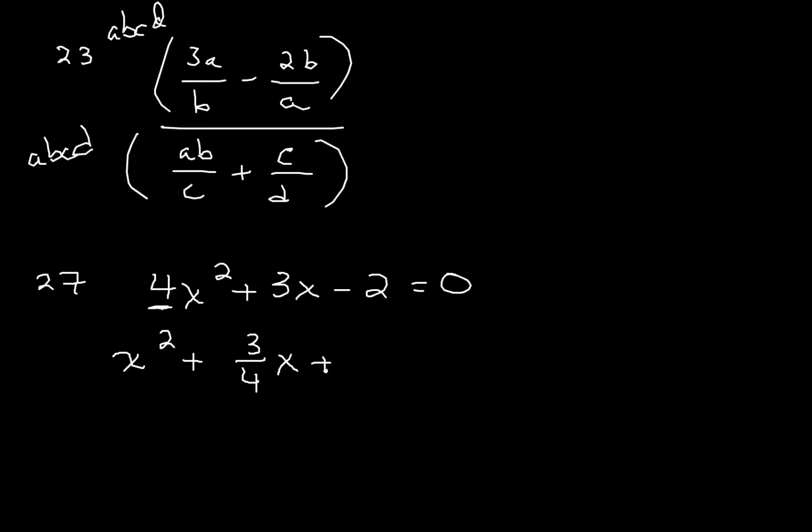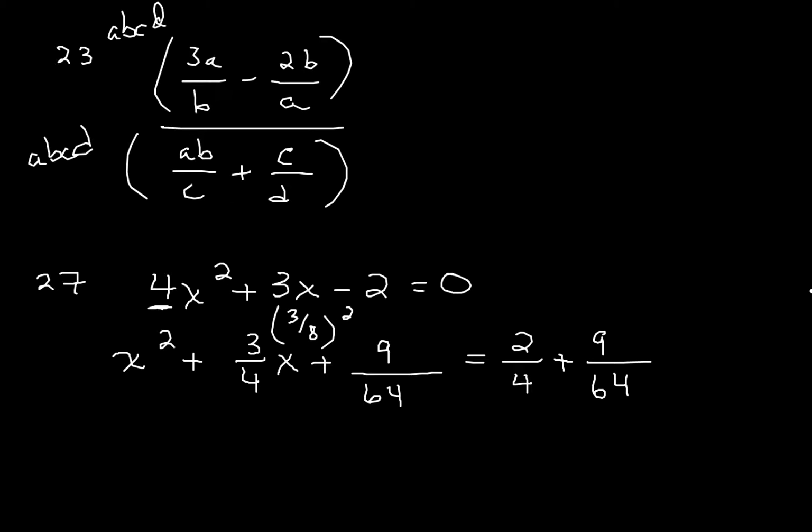And I'm going to throw that 2 on the other side and divide it by 4, so it's going to be 1/2 over there. We're going to divide this by 2 and square it, so it would be 3/8 squared. So we're going to add that to both sides, which is going to be 9 over 64, 9 over 64.